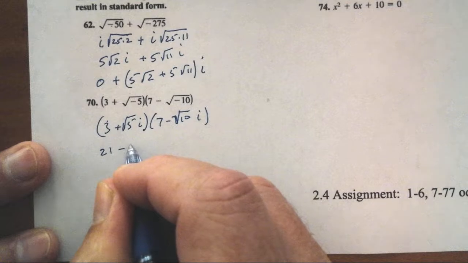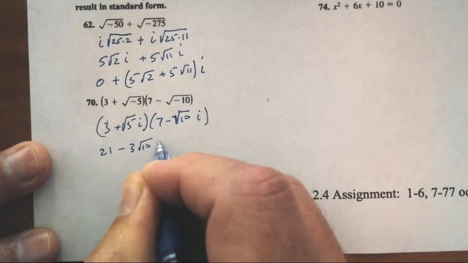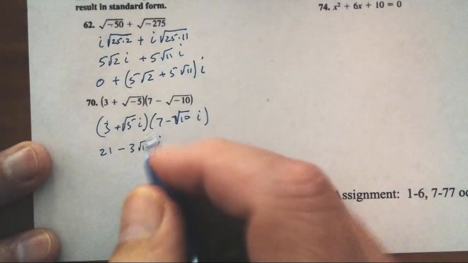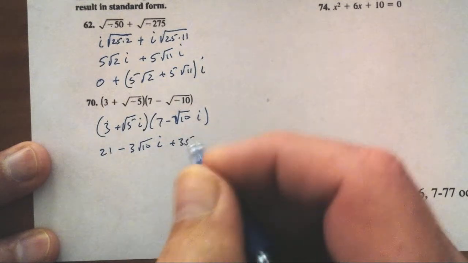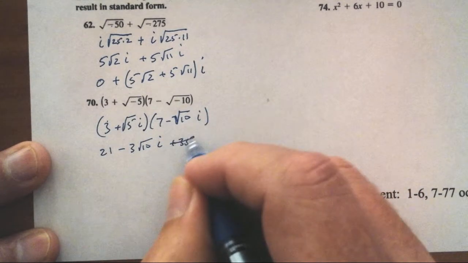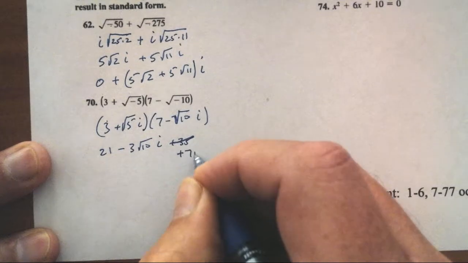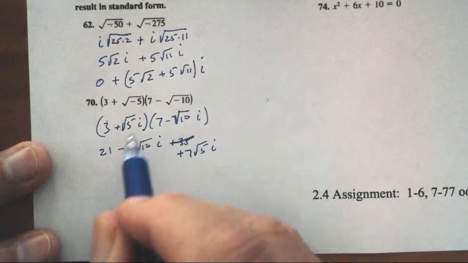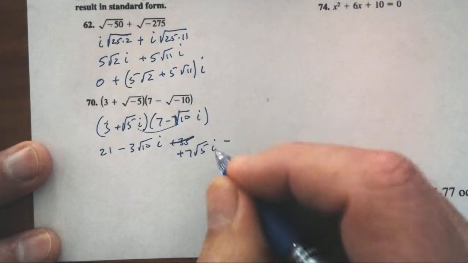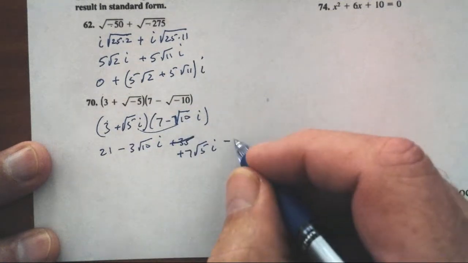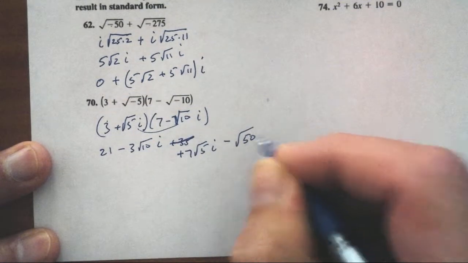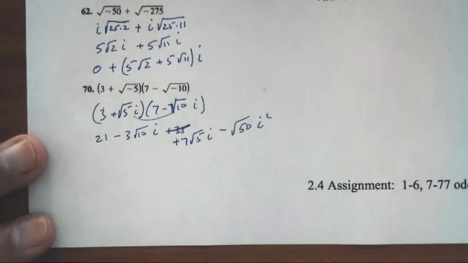Outsides, I get minus 3 root 10i. Insides, I get plus 7 root 5i, sorry. And last times last, I get minus 5 times root 10, root 50 i squared.